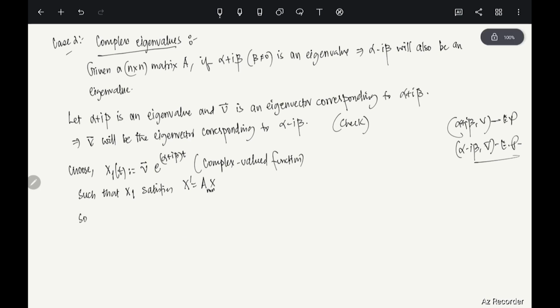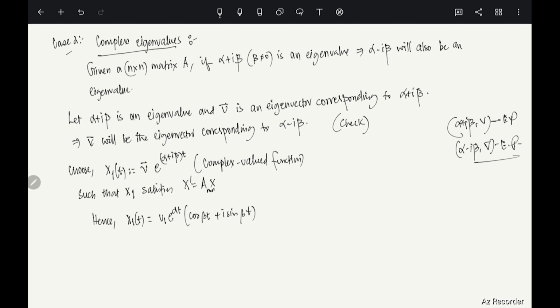So x2 of t, if we define x2 of t, let us put it this way. Hence x1 of t is v1 e power alpha t, cosine beta t plus i sine beta t. Okay, this is true.